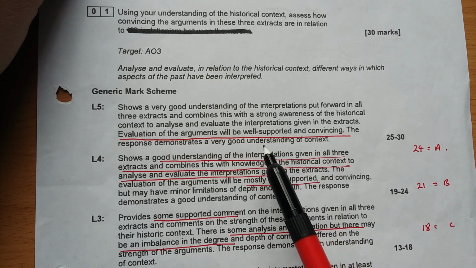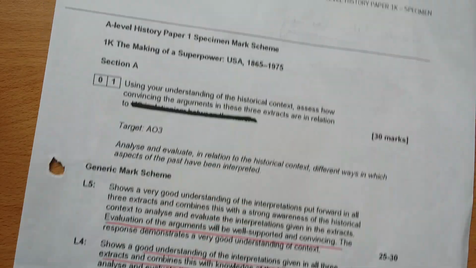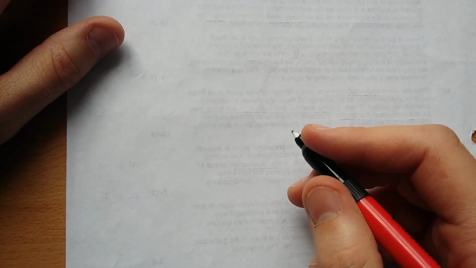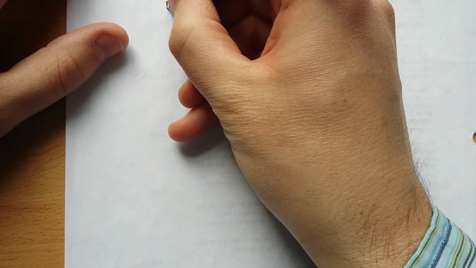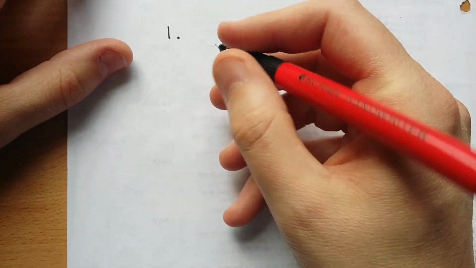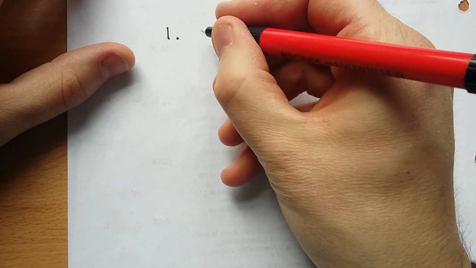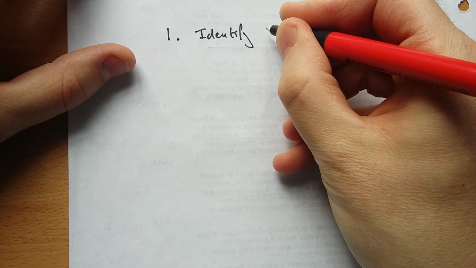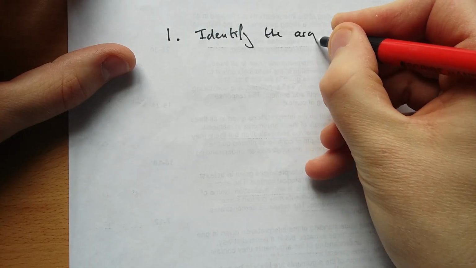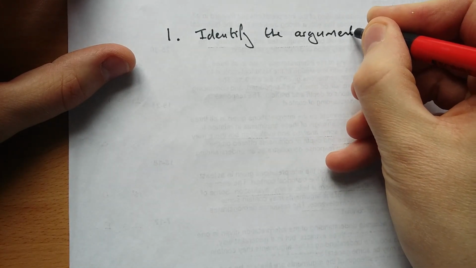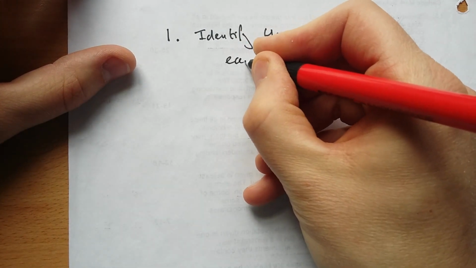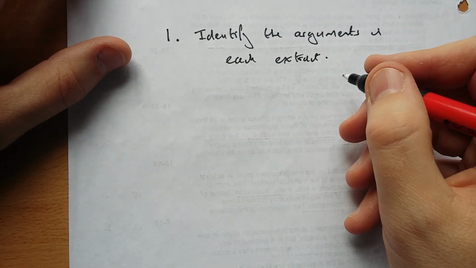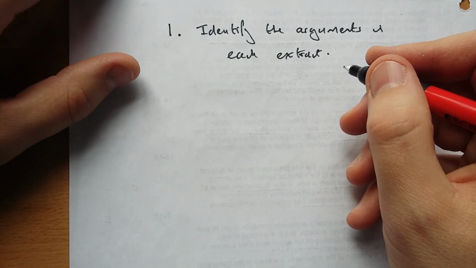So I'm going to turn the sheet over and just jot down really the key things that I'm looking for. So point number one, the key point to success in this is, first of all, you need to identify the arguments in each extract. So that's the first thing I'm going to be looking for when marking: have they understood the arguments.